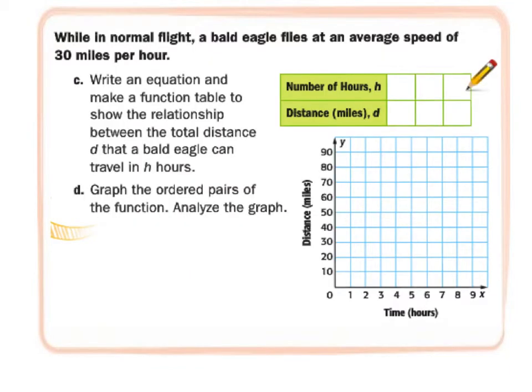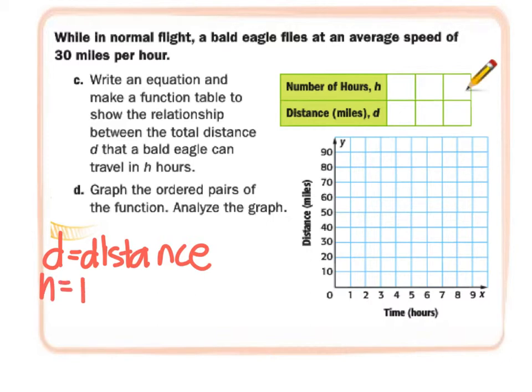While in normal flight, a bald eagle flies at an average speed of 30 miles per hour. Write an equation and make a function table to show the relationship between the total distance, D, and h equals hours. I know it's 30 miles per hour, so 30 miles every hour would give me the distance.